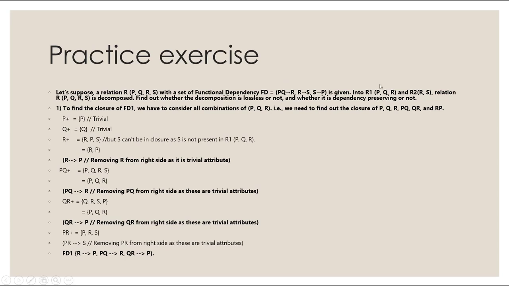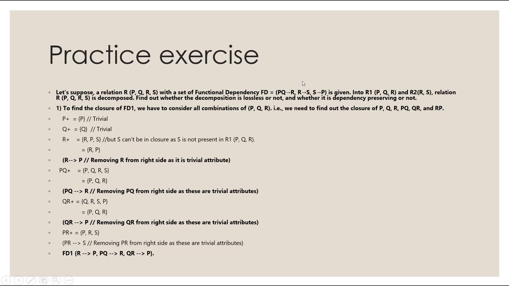R1 does have P, Q, and R, so the first one was preserved in R1. What about R determines S? We can find R and S in R2. What about S determines P? It's easy to think that S and P don't appear here or here, because this is missing the S and this is missing P.